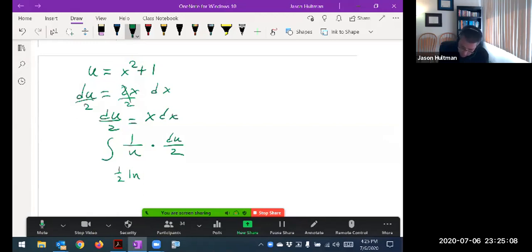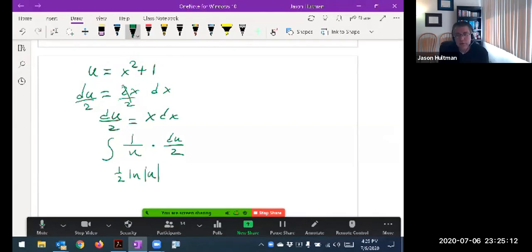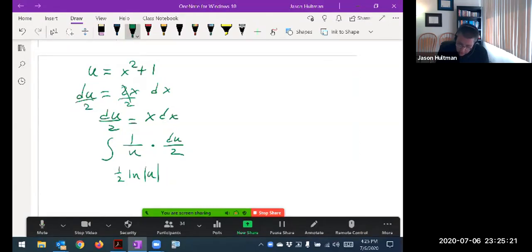So it's 1/2 natural log of the absolute value of u, plus c. Don't forget the plus c. Always plus c. If you have an indefinite integral, always plus c.